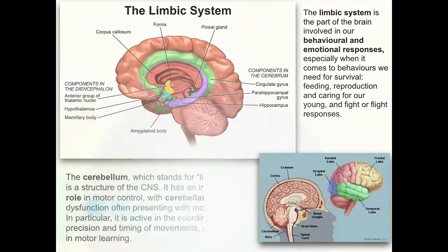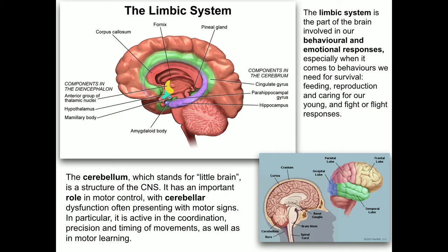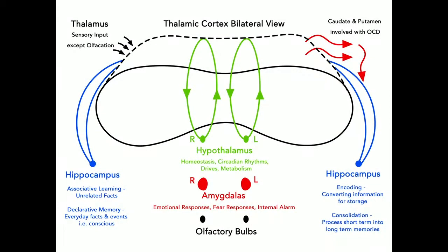And we know that the cerebellum is an interesting part of the brain as well, because this is where our motor controls come from. We have coordination, we have timing of movements. But again, mainly for IEMT, we are looking more at this central core, this limbic system.